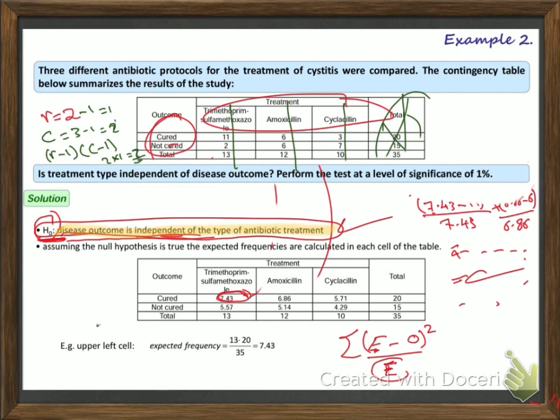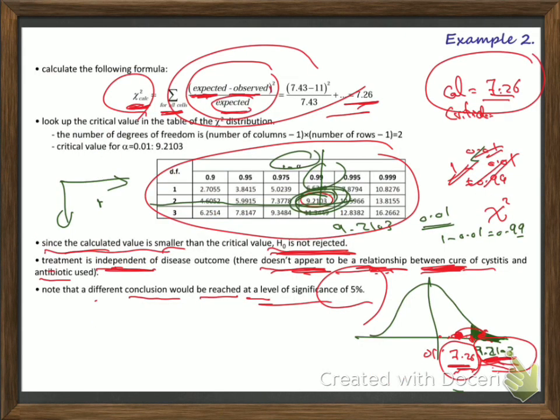So at 1%, they are independent, but if we use 5%, it might be different and they become dependent. So it depends on the level of significance. So in this case, with the level of significance 1%, they are independent. But note that a different conclusion would be reached at the level of significance of 5%. I hope this one is clear.